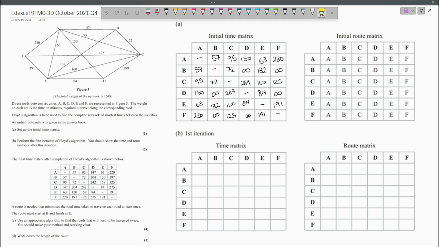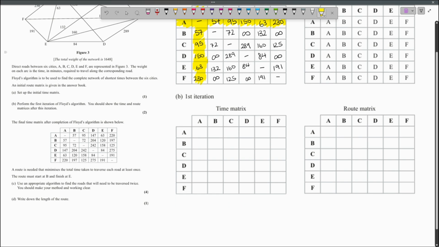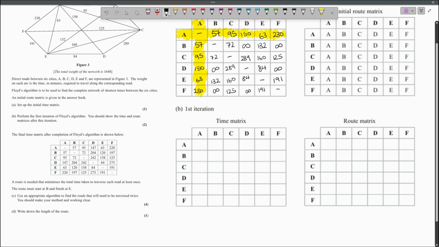So I'm going to shade in column A and row A. So I'm going to do that here. Row A is here. And column A is here. So these values are going to remain unchanged for iteration 1. So I'm going to add these values in right now.